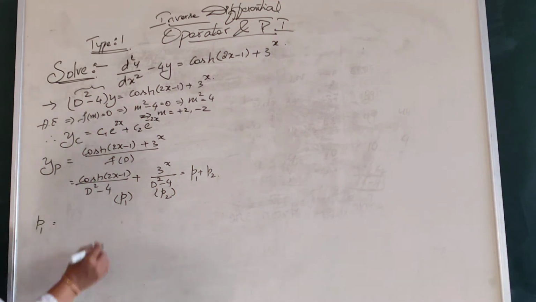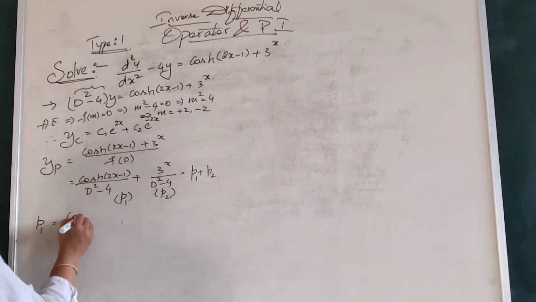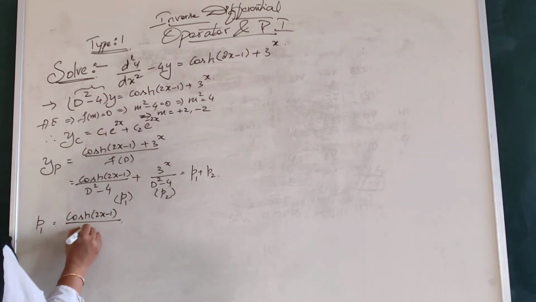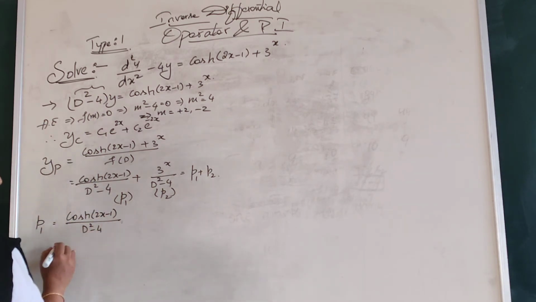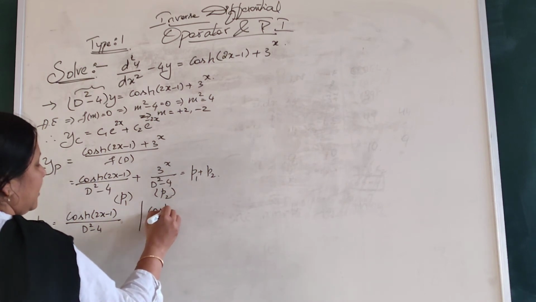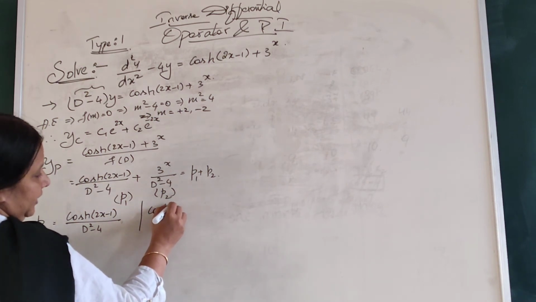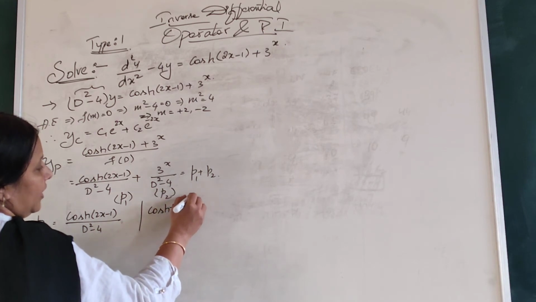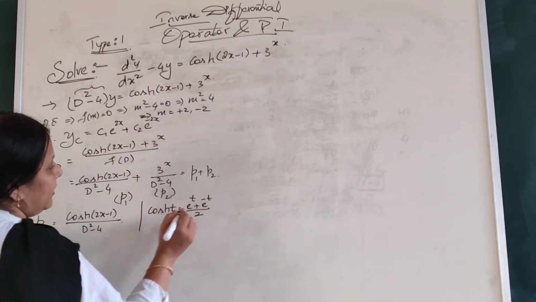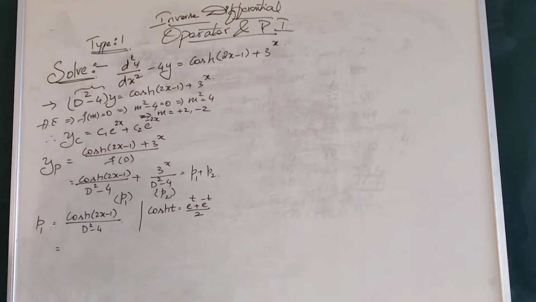Let us see what is P1. P1 is equal to cos hyperbolic of 2x minus 1 divided by d square minus 4. We can write this hyperbolic function in terms of exponential. I told you already. How do you write it? One should remember that cos h t is equal to e power t plus e power minus t, the whole divided by 2. So this is the formula.